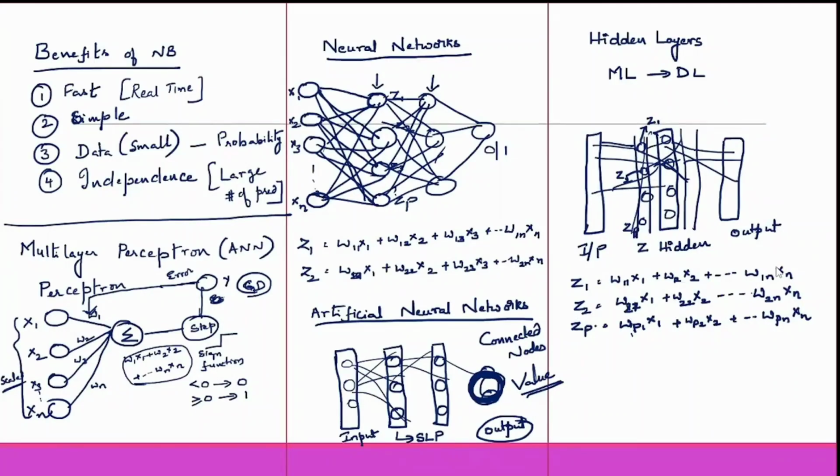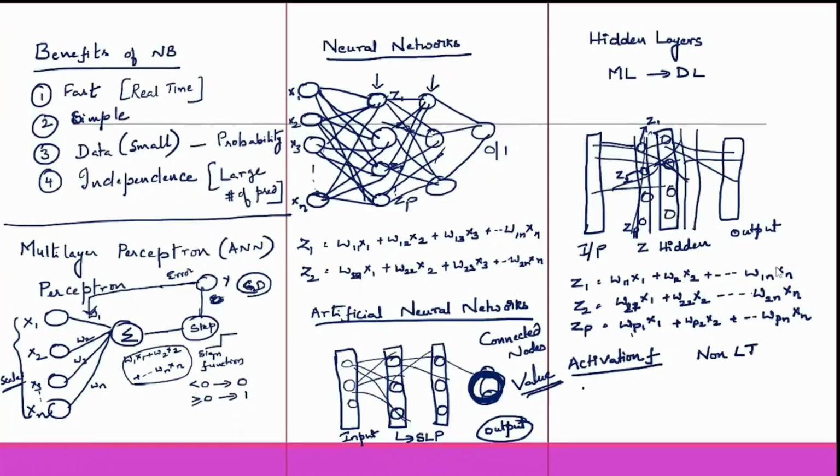Now what will happen before the values go to the next layer? There will be an activation function applied. What is this activation function? It is nothing but some nonlinear transformation.